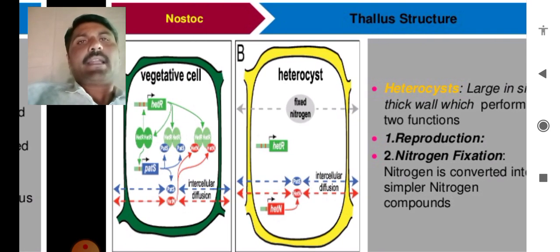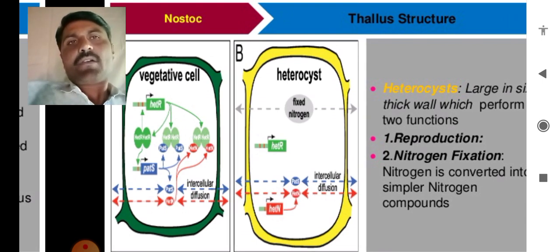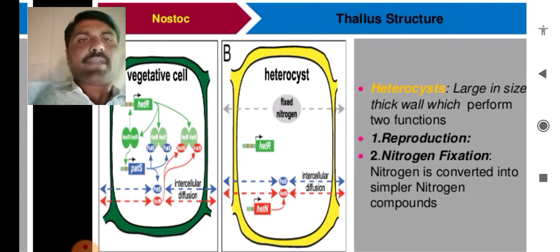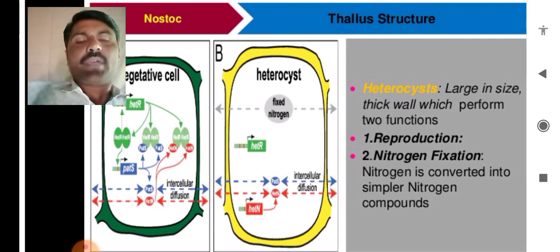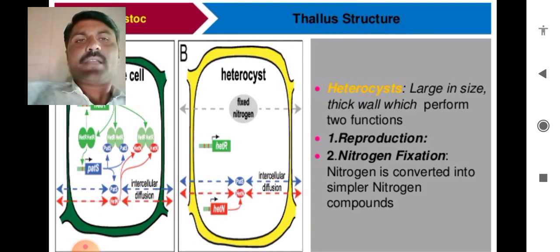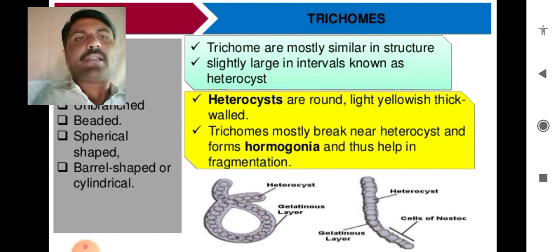In diagram A, that is the vegetative cell, you can see the intracellular diffusion from the heterocyst to the vegetative cell.